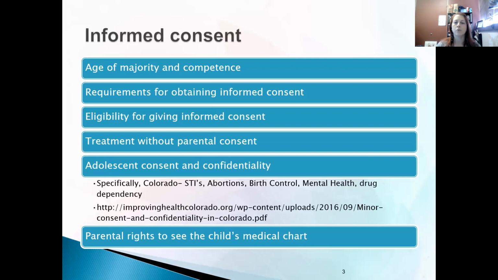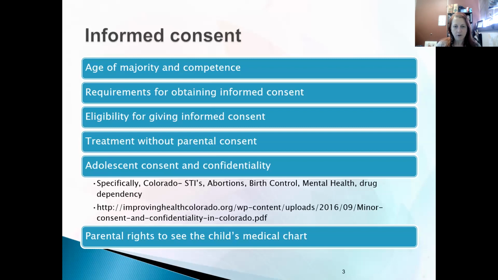Sometimes that's usually like closer to that 17, 18-year-old age range. We also look at pregnancy as an independent event. So if the teenage mother is pregnant, she can make healthcare decisions for herself and her child at that point as well. So that's kind of outside of that normal consent range we look at.